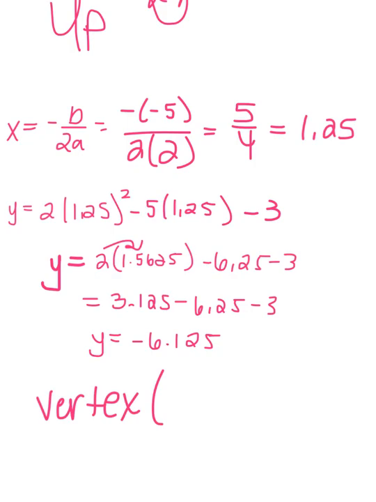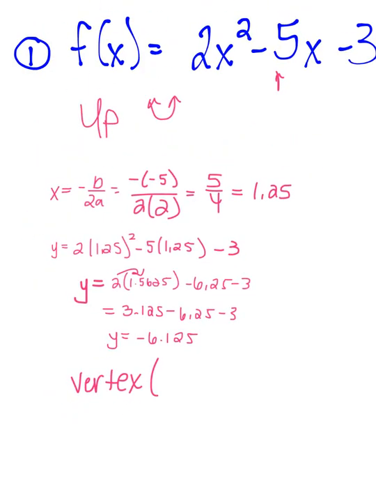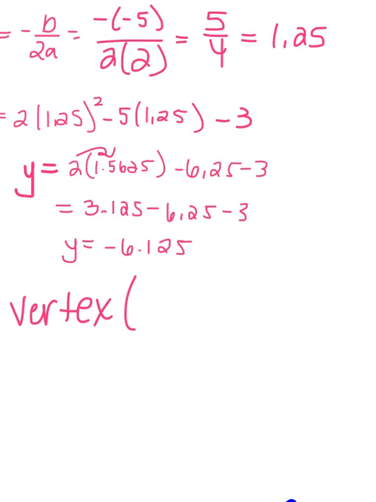Yeah, that's why you can use a calculator. So you should get in your calculator, or however you do it, if you do decimals, it should be 1.25 and negative 6.125. If you kept that as a fraction, does anybody know how to do that as a fraction? It would be 5 over 4.